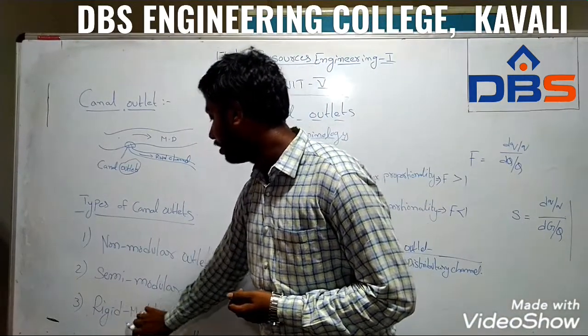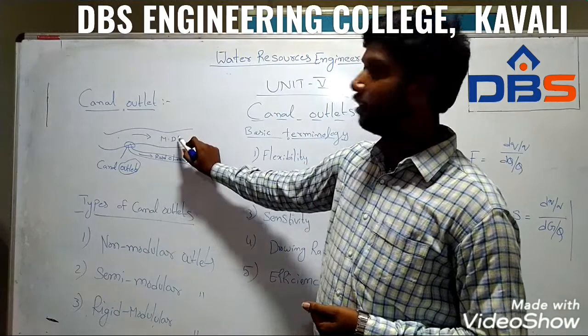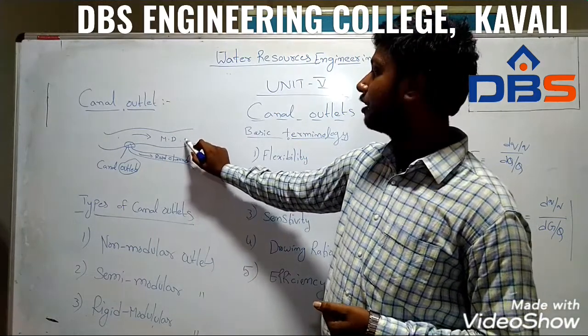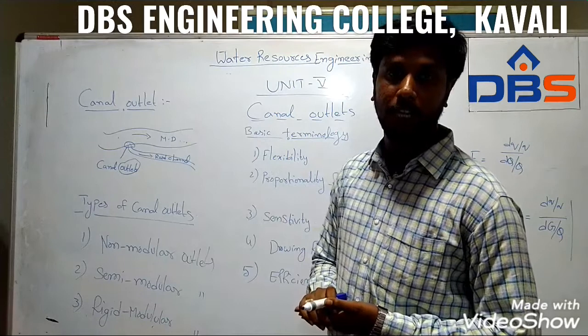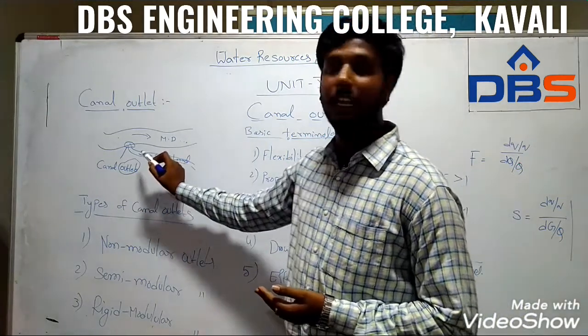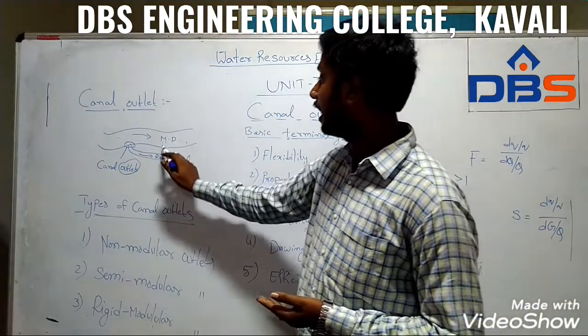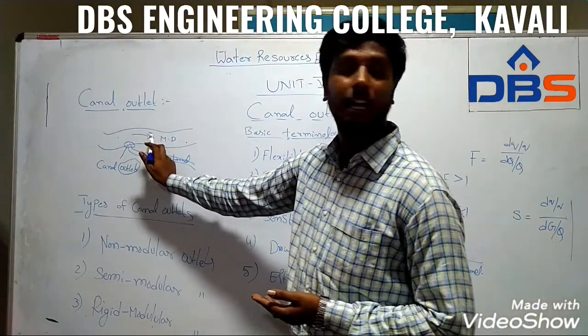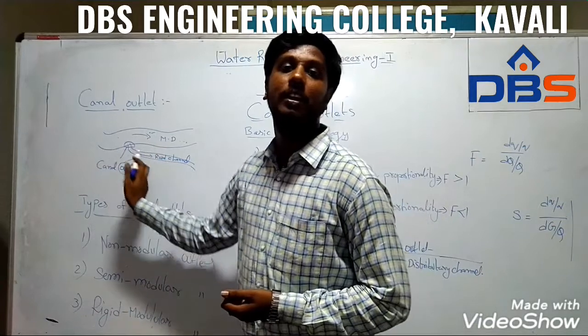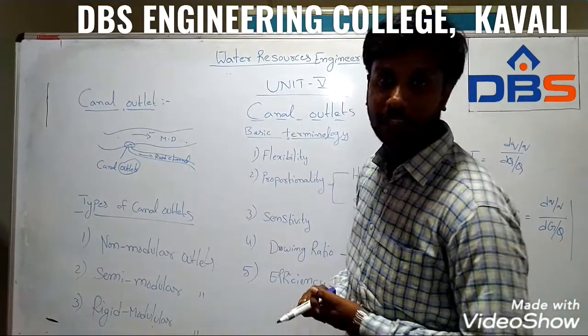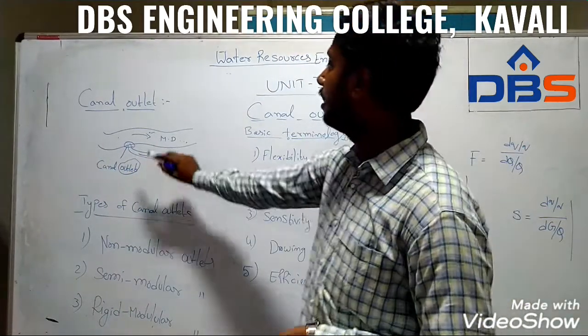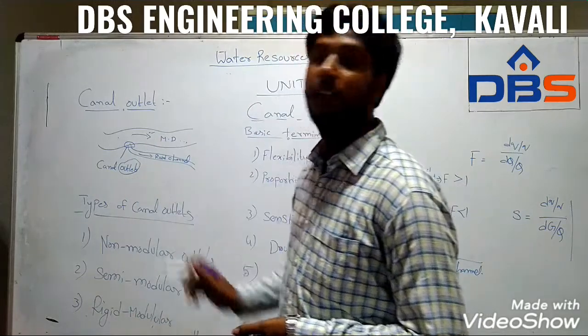In a rigid modular outlet, even if many fluctuations occur in the major distributary, it doesn't affect the water levels in the field channel, because it draws the same discharge of water from the major distributary to the field channel.